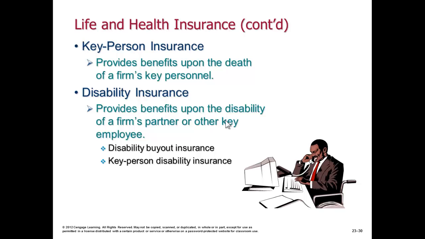Key person insurance. This is something that's really important, and then disability insurance is also important. Disability insurance is insurance that you might cover against an important partner or some important officer in the company. Key person insurance is insurance that covers the loss from the death of a key person.